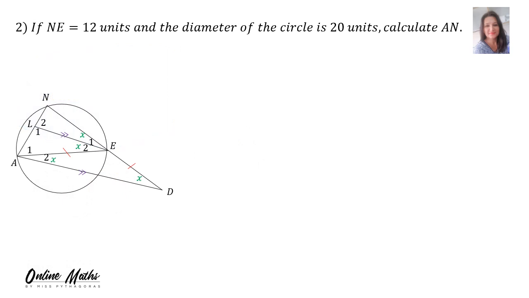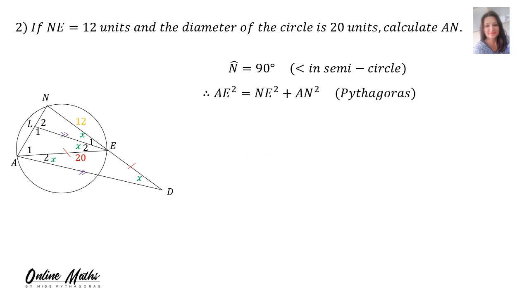Now the next question says, if NE's length is 12 units and the diameter of the circle is 20 units, calculate the length of AN. Now do you agree that angle N is equal to 90 degrees, angle in semicircle? Therefore, we can use the theorem of Pythagoras and say AE squared is equal to NE squared plus AN squared, Pythagoras.